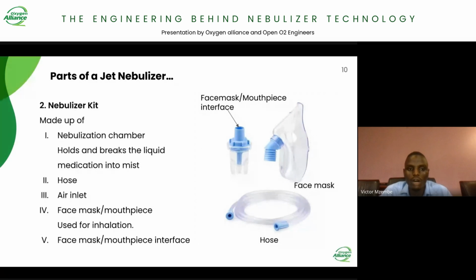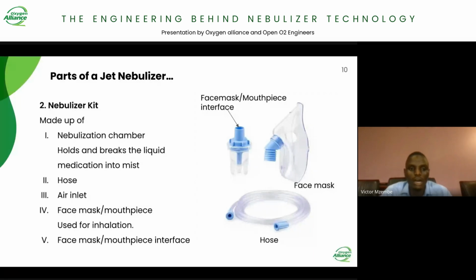Then we also have an air inlet, which is located at the bottom of the nebulizer cap. This one takes in the compressed air into the nebulization chamber. Then we also have a face mask or mouthpiece. This one is used for patient inhalation. For the patient to take in the nebulized medicine or the mist, they use a face mask or a mouthpiece.